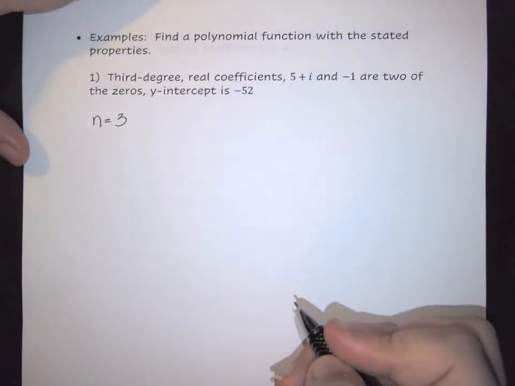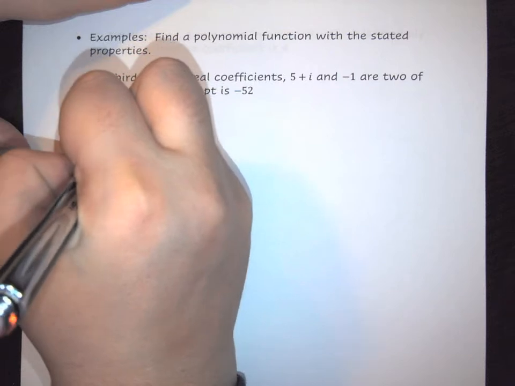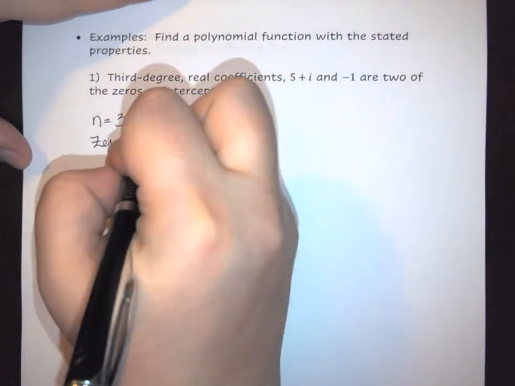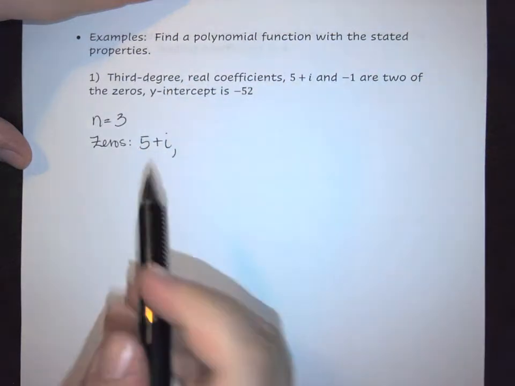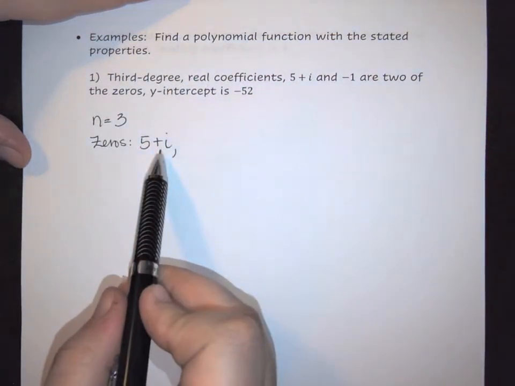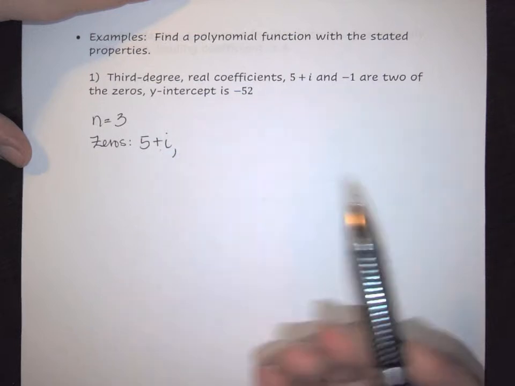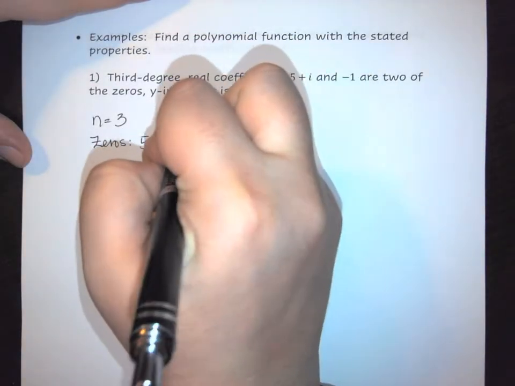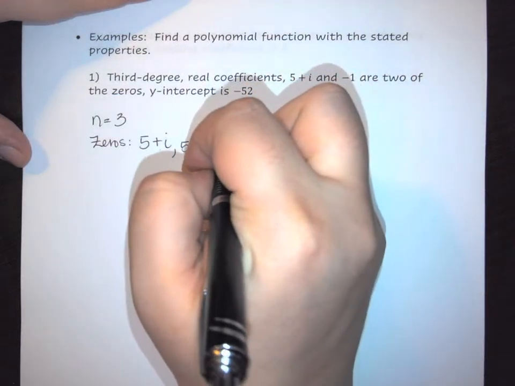We are also told that we have real coefficients, and when we look at our zeros, we have 5 plus i. Now the cool thing is whenever you have a complex term like 5 plus i, you also have to have the conjugate. So this means we also have 5 minus i, and then we're told you have negative 1.